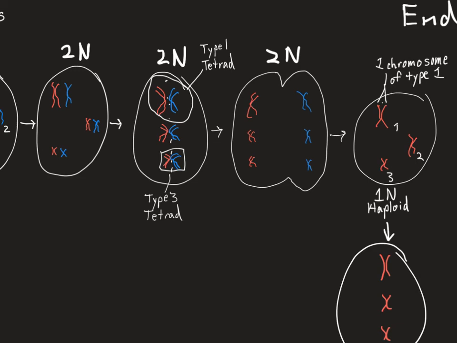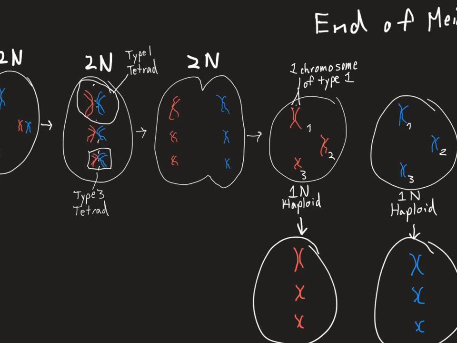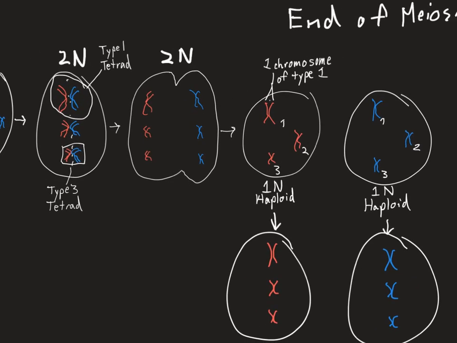All right, the next question, at what point does the conversion from 2N to 1N occur during meiosis? And so at the point of cytokinesis during meiosis 1, we go from a 2N cell, and then once we've split into these two separate cells, they are 1N. So that's the cytokinesis at the very end of meiosis 1.